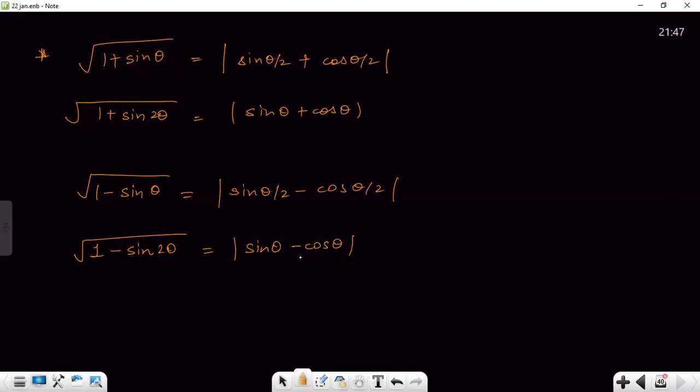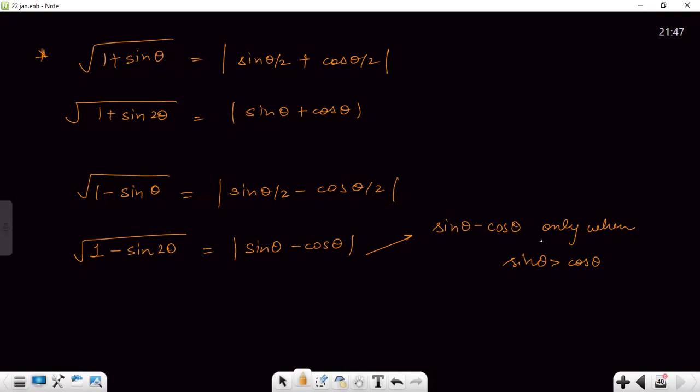Now, whether this modulus function will make it sine theta minus cos theta or cos theta minus sine theta depends on theta. This will become sine theta minus cos theta only when sine theta is greater than cos theta, because then only it can give a positive value. When is sine theta greater than cos theta?